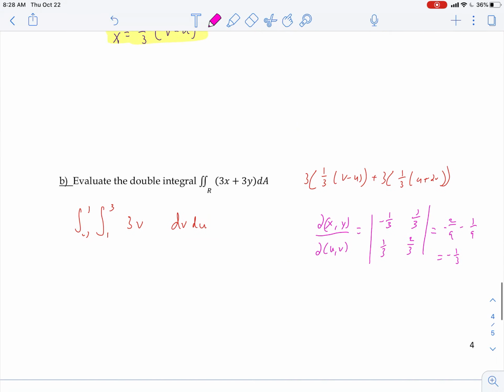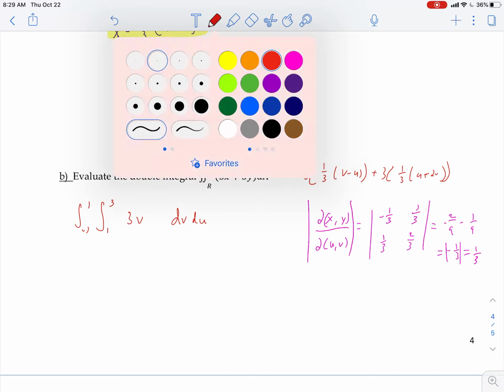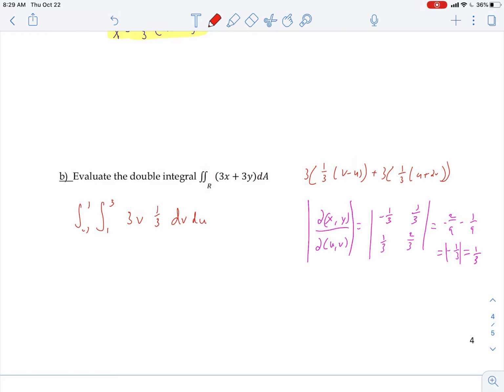So that's why we have the absolute value there. So it's the absolute value of -1/3, which is just 1/3. Which is nice. That's going to cancel out that 3v, so we're just integrating from -1 to 1, 1 to 3, v dv du.